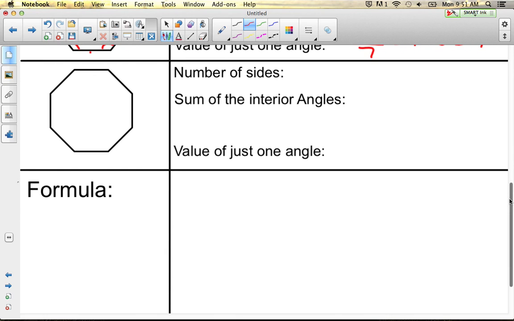And the last one, number of sides. 1, 2, 3, 4, 5, 6, 7, 8 sides. We have an octagon. Sum of the interior angles, n minus 2 times 180.